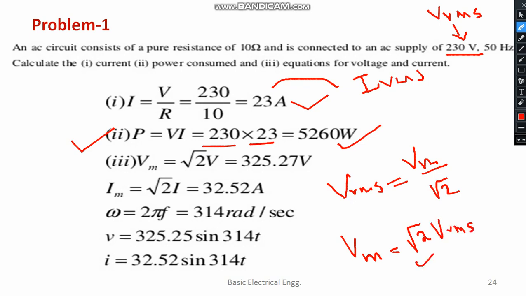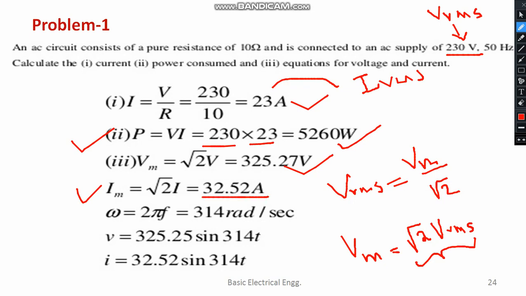This is a formula. Vrms is already available, so 230 into root 2 is nothing but 325.27 volt. Likewise, Im is equal to root 2 into Irms, that is 32.52 amps.